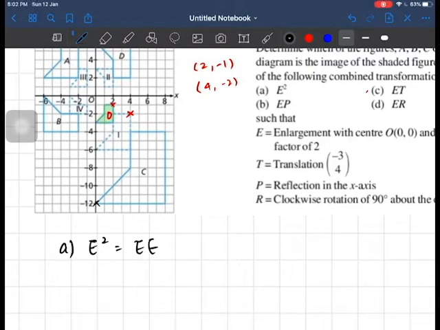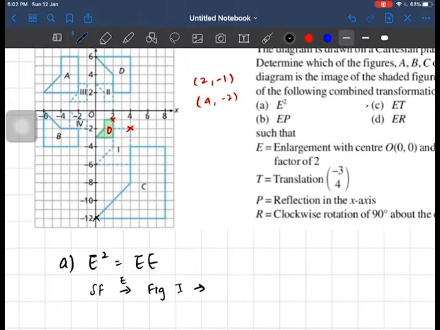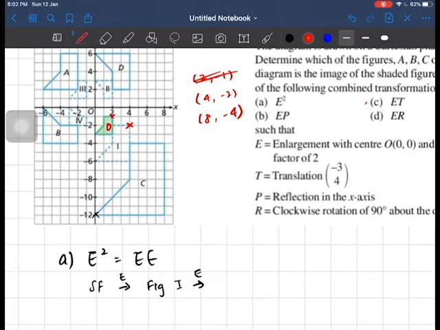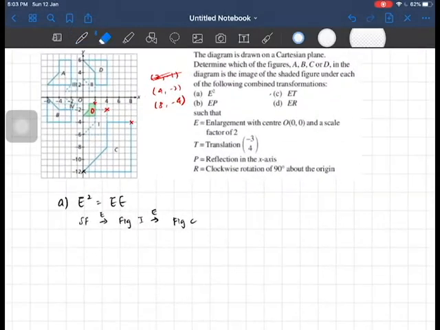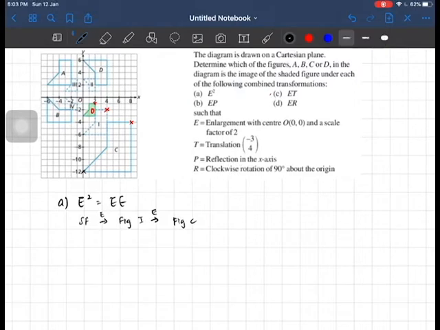So from the object, when it undergoes transformation E, it will produce figure 1 as an image. And from figure 1, it undergoes transformation E again, and we don't have to care about this anymore. And I just have to multiply this again. So it's 8, negative 4, and it's figure C. There. And we have our answer.